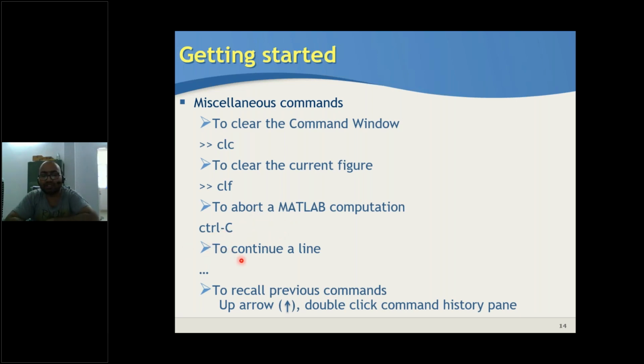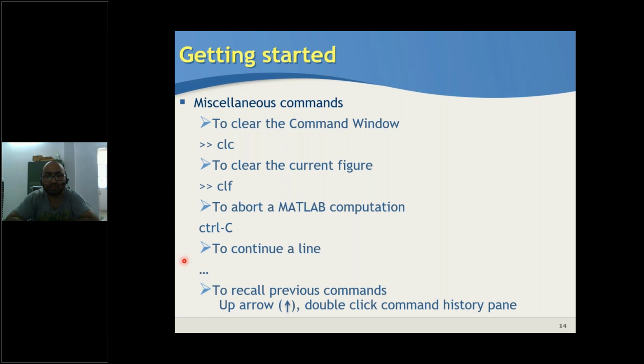If you have any long function which you are writing in the command window and it is very long in a single line, then you can use this triple dot and continue the operations in the second line.